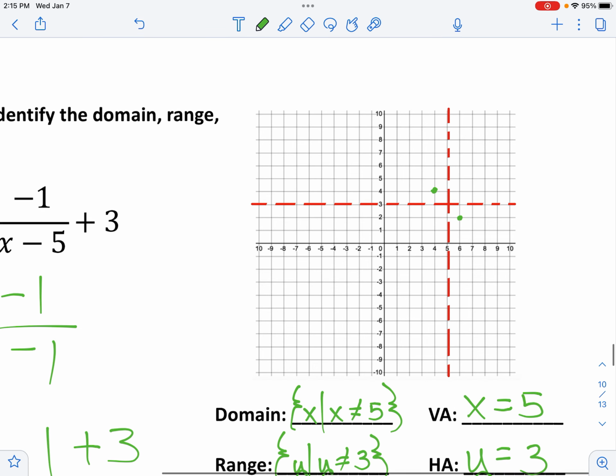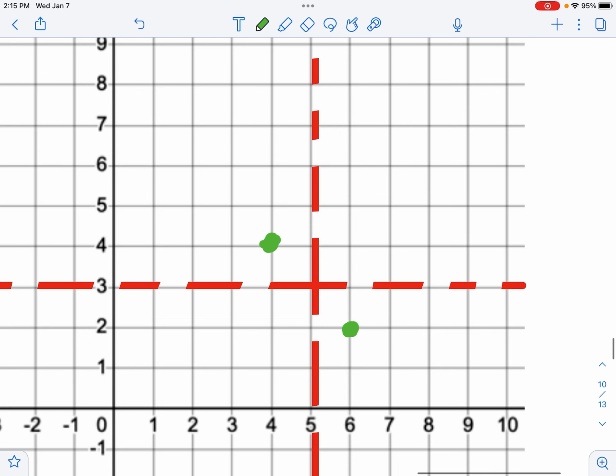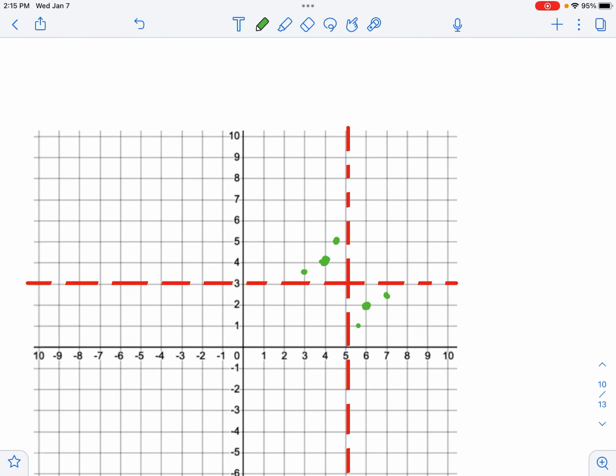And again, there's no stretch, so that's why it's always 1 unit away. I'm just going to do a half and a half on each of these. And then, again, just do the best you can with sketching it. It should not get further away.